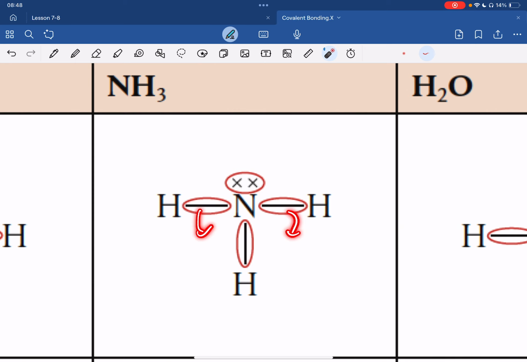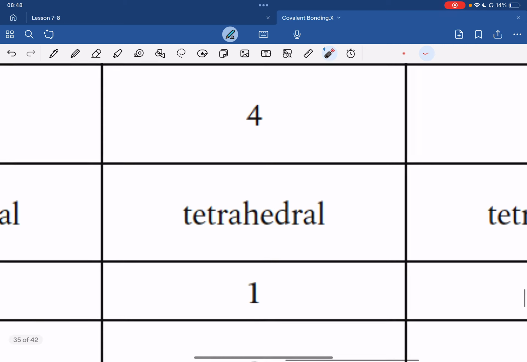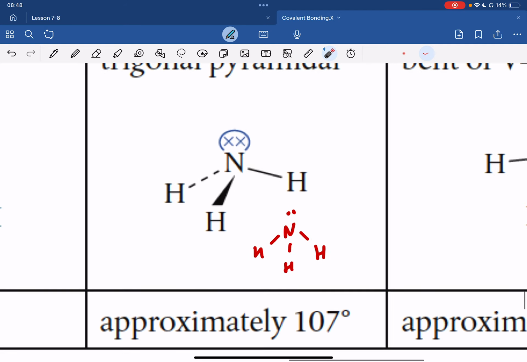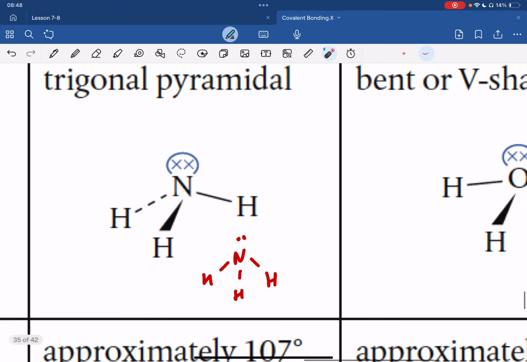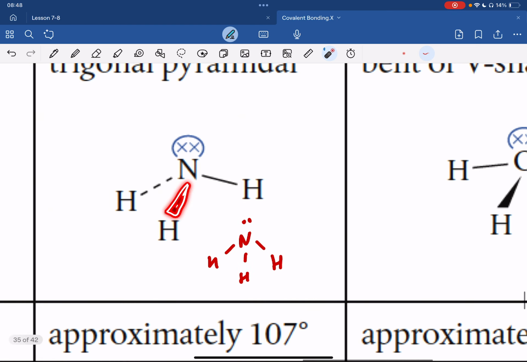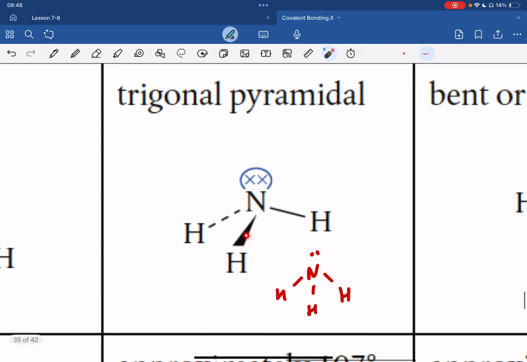This hydrogen will come to here. Even though the electron domain is tetrahedral, the molecular geometry will change because the molecule shape will change. By the way, these dots mean that it's going in the opposite direction, and this means this hydrogen is coming toward us, like in 3D. So what does this molecule look like? Let me draw it.